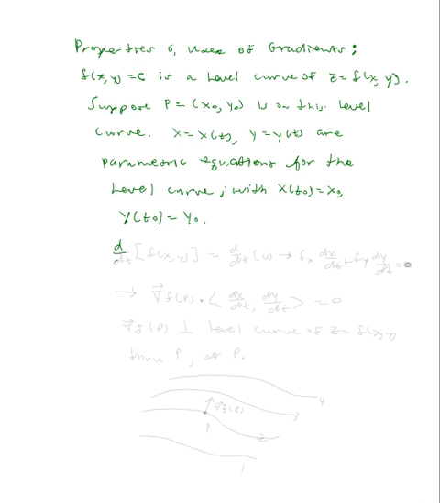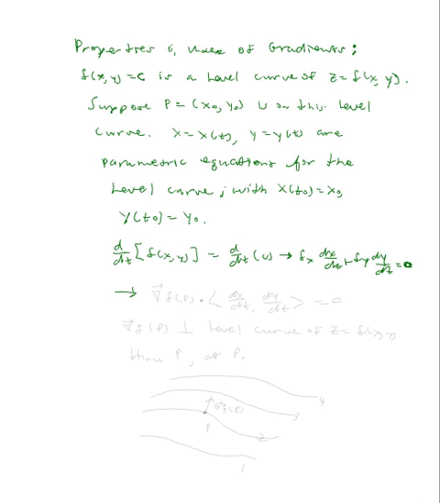Then if we take the derivative with respect to t of each side of the equation, f of x, y equals c, we get the derivative with respect to t of f of x, y equals the derivative with respect to t of c, and that's going to give us that the partial of f with respect to x times dx/dt plus the partial of f with respect to y times dy/dt is equal to 0 at this point where t is equal to t sub 0.